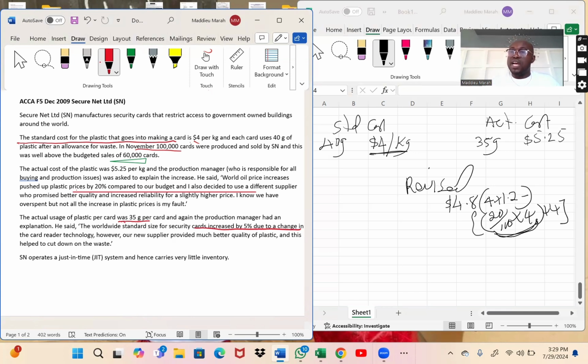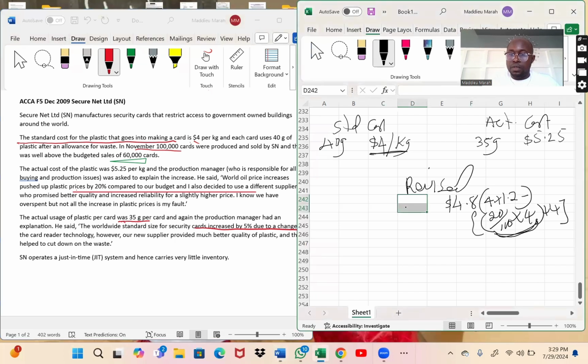So what was our original? 40 grams. So 40 grams increased by 5%. We do the same calculation here. What do we get? We'll have 42 grams. Very good. 42 grams.